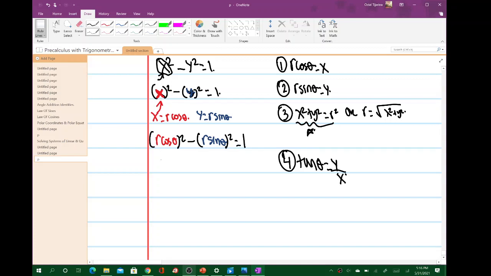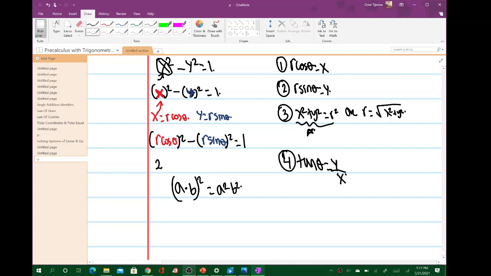Now, one important thing to know here is that if we have, for example, a cosine theta squared, that's going to be a squared cosine squared theta. If we have b sine theta quantity squared, that's going to be b squared sine squared theta, okay? That goes with the rule of like, if I say a times b squared, that's a squared b squared, right?